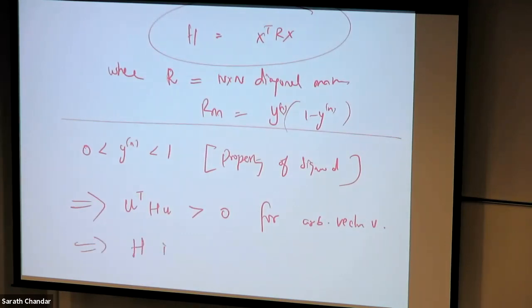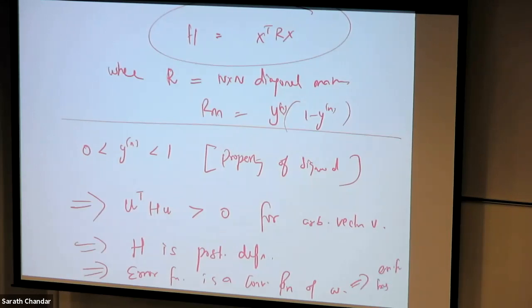So H is positive definite. When H is positive definite, that means the error function is a convex function of W. It is one of the conditions for convexity that your Hessian is positive definite. Now this further implies that the error function has a unique minimum. In other words, you start with any W, you apply Newton Raphson again and again, you will always converge to the same solution.